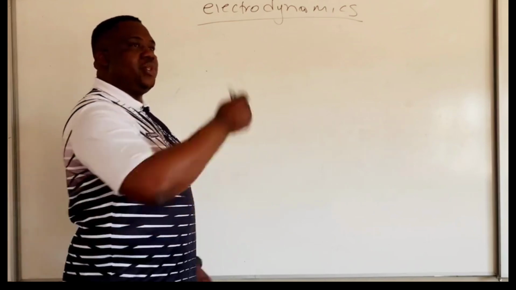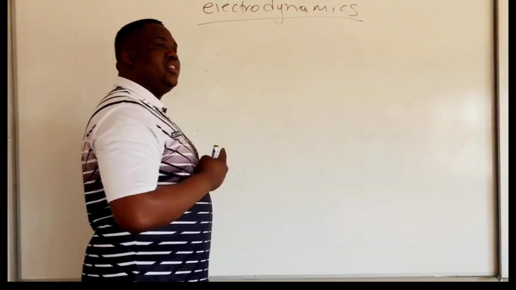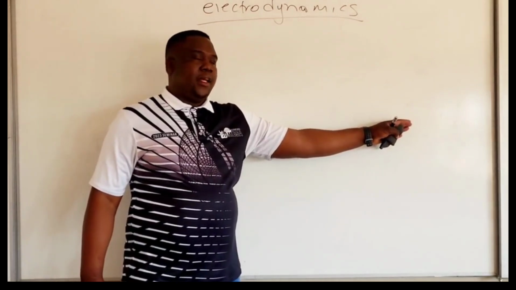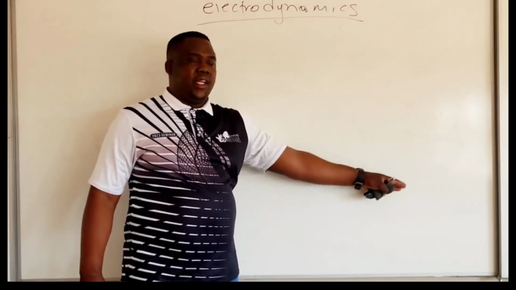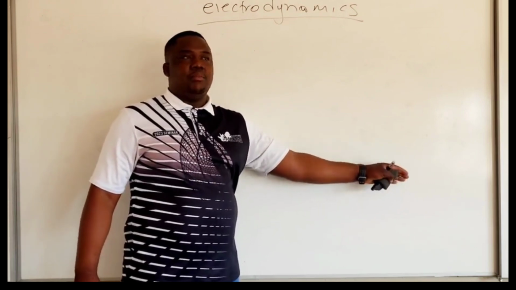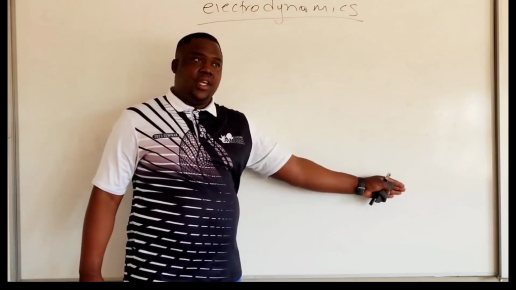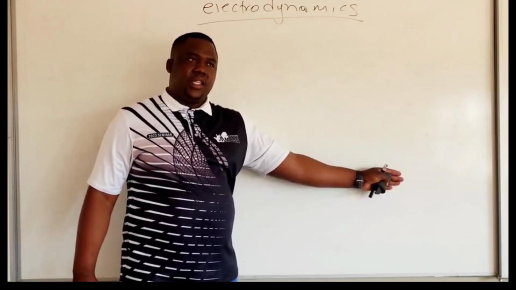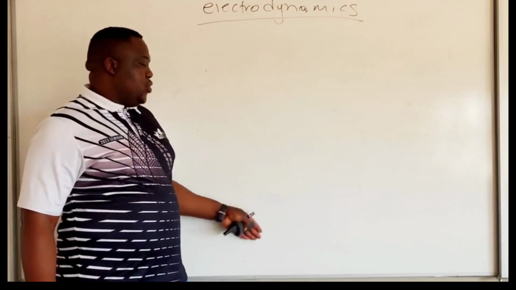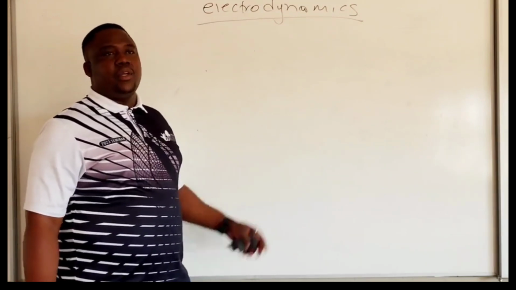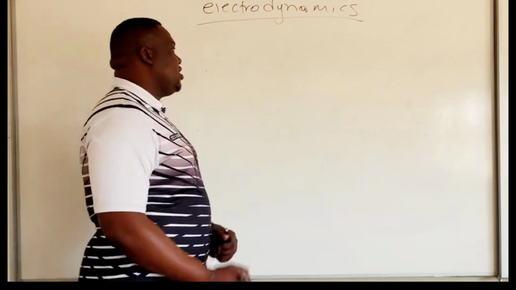The only difference is that for a motor you will see a source of energy or a battery in the circuit. Whenever you see a battery in the circuit, know that you are dealing with a motor, because a motor will need electricity. But for a generator, you will not see any battery in the electric circuit, because a generator produces electricity.